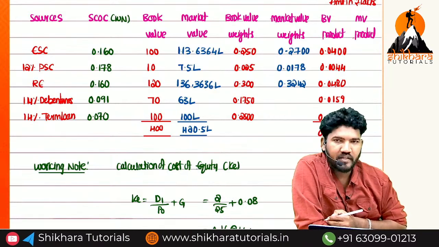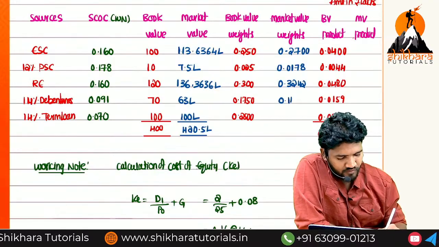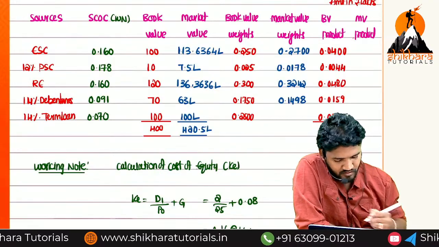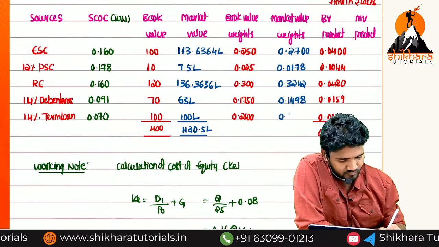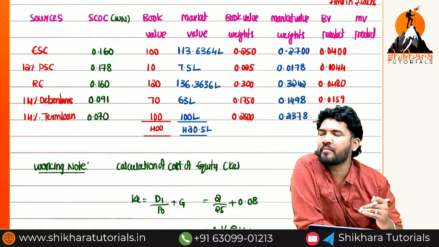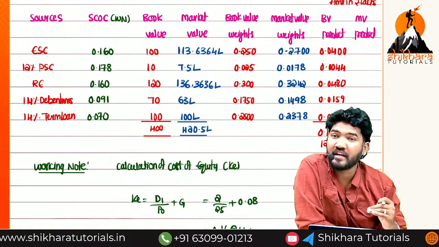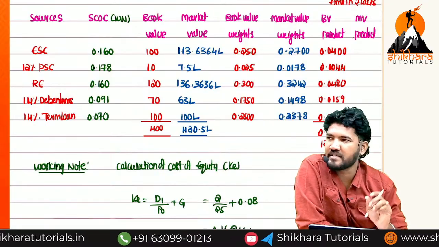What about debenture? 0.1498. What about the term loan? 0.2378. Sometimes the total will not be 1; sometimes it will be 0.99 or 0.98. Don't worry about those decimals.